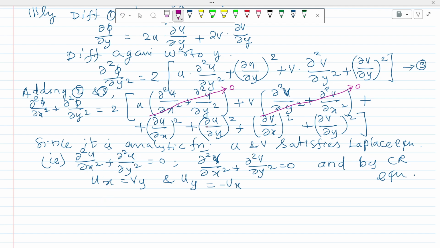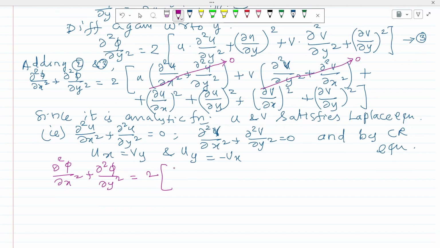(∂u/∂x)². Therefore, adding 1 and 2, we will get ∂²φ/∂x² + ∂²φ/∂y², which is equal to, now listen, 2 into [(∂u/∂x)² + (∂u/∂y)²]. ∂u/∂y can be written as minus ∂v/∂x.